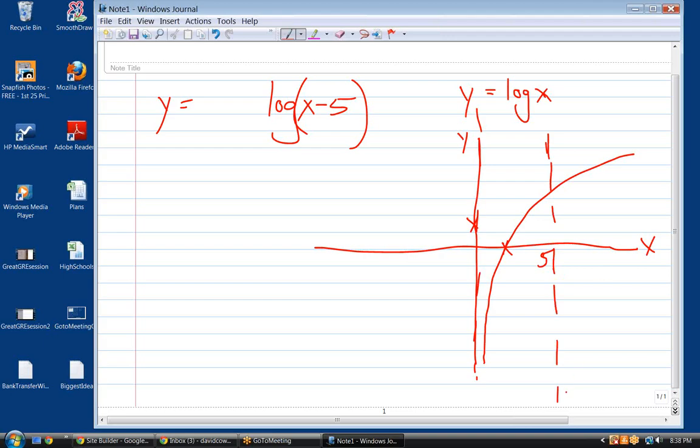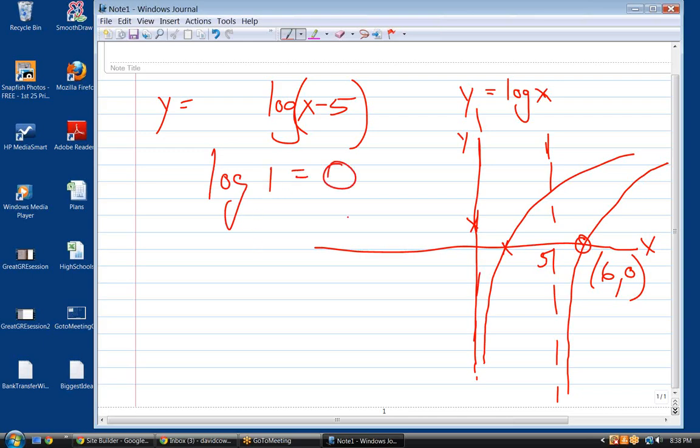And then our new curve is going to go like that. And what is this point? That'll be 6. And we can check that quite easily by plugging in 6 for x and seeing if y is equal to 0. Well, when you plug in 6 for x, you take the log of 1, and that's always equal to 0. Okay.